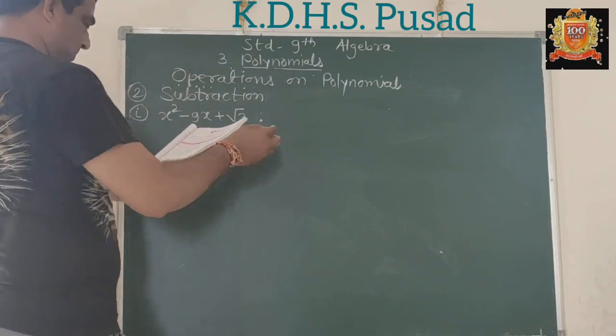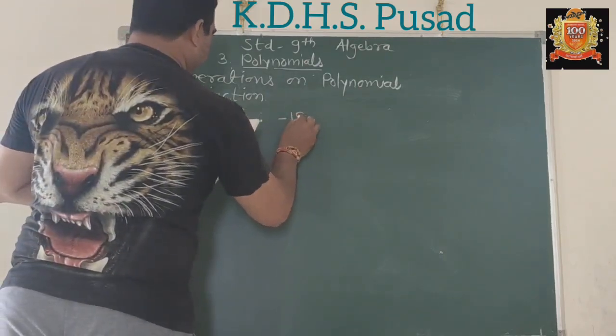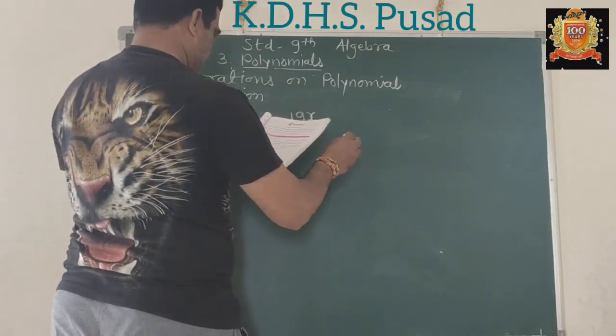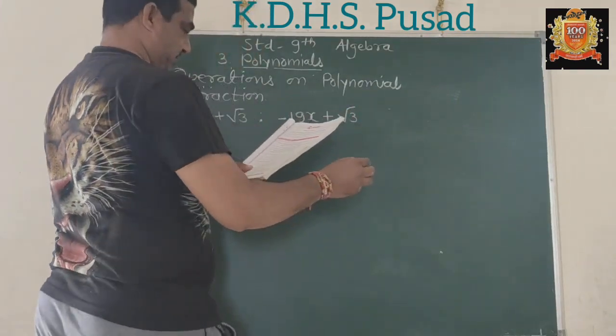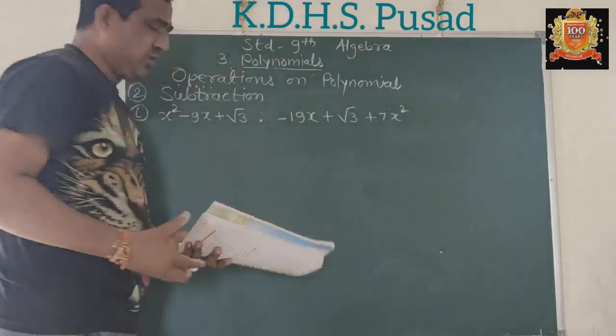And the second one: minus 19x plus root 3 plus 7x square. Okay.